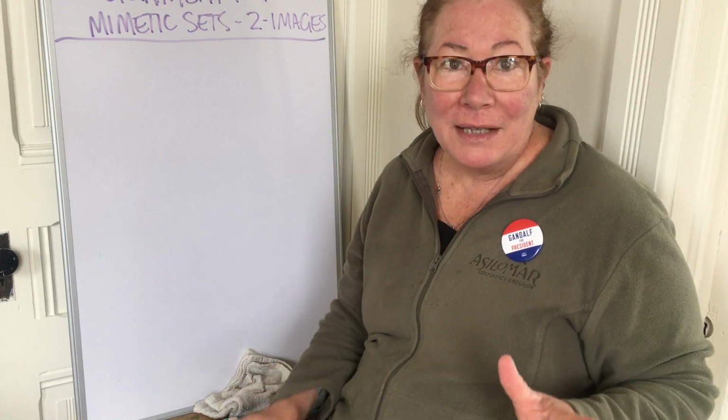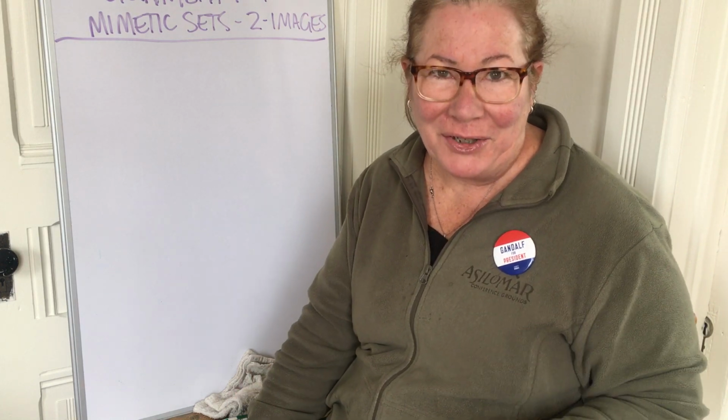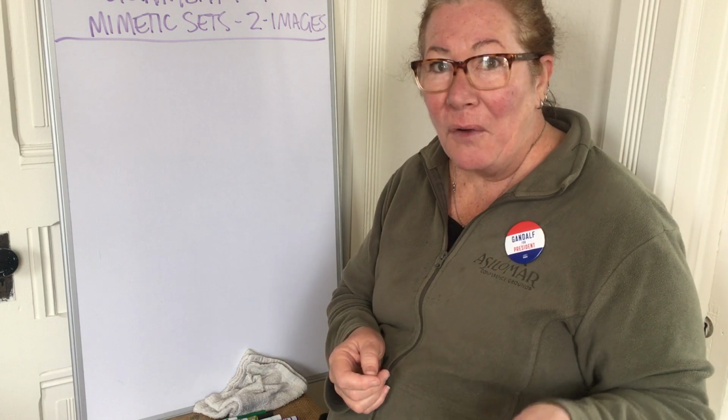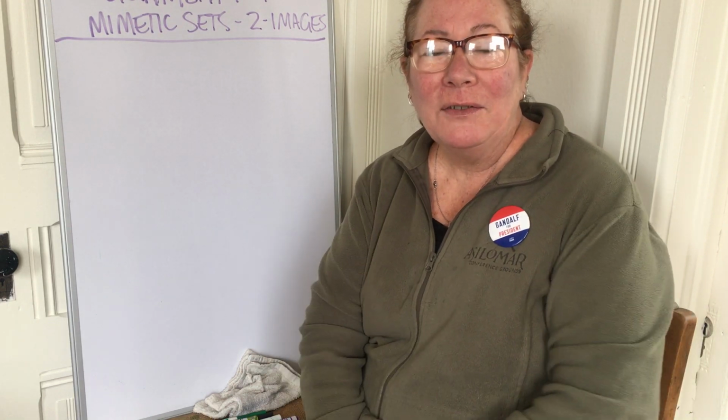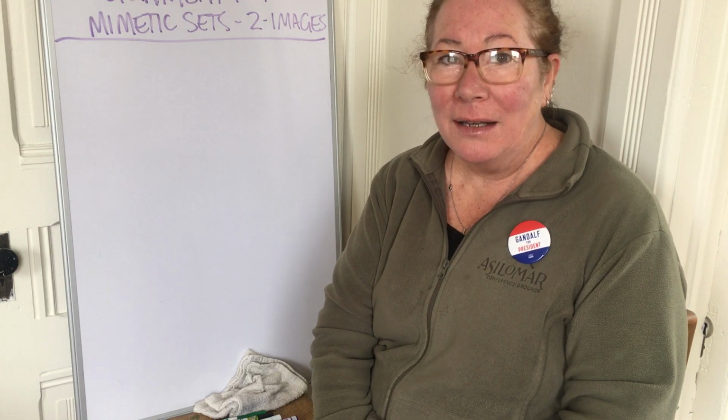Now, it's important for this assignment that you follow the instructions, okay? I'm going to go over the instructions step by step. From this assignment on, you're also going to be asked to incorporate good composition in your photographs.